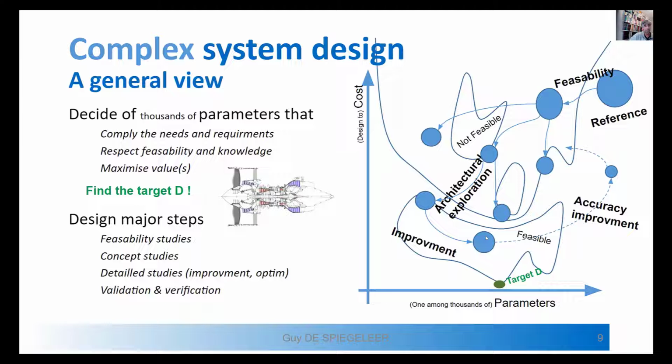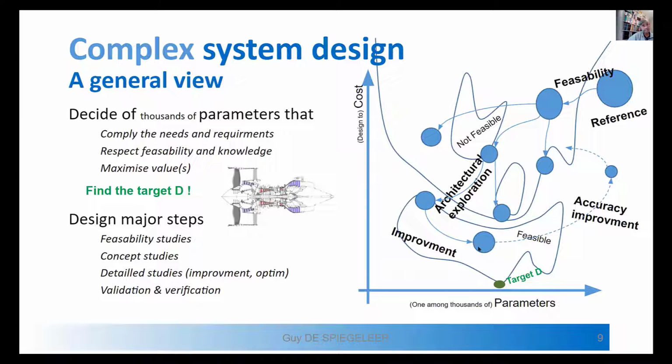You involve new specialists. For instance, you involve someone from acoustics. You say, okay, here is a system I consider. Is it good for you? They use their own tools and discover that it does not respect the acoustic requirements. So you come back to the architectural exploration. So you have this iteration process that you repeat several times.